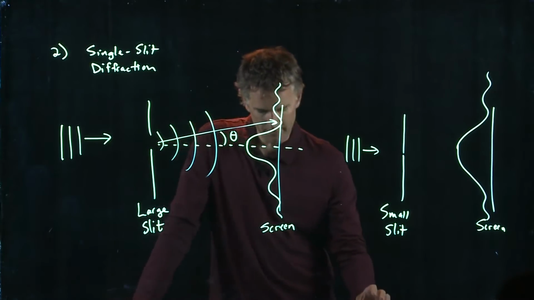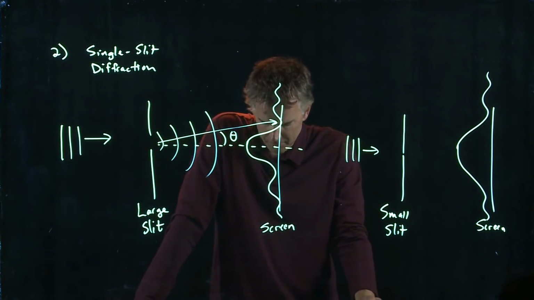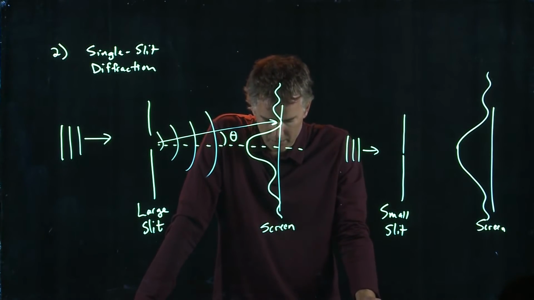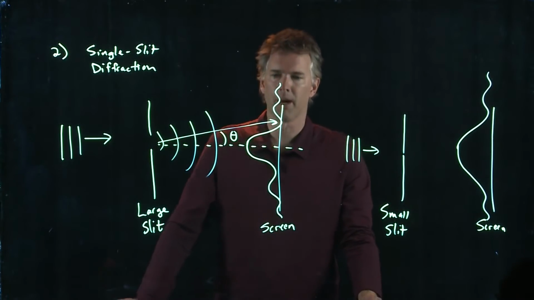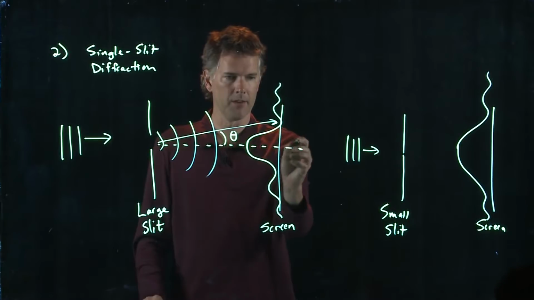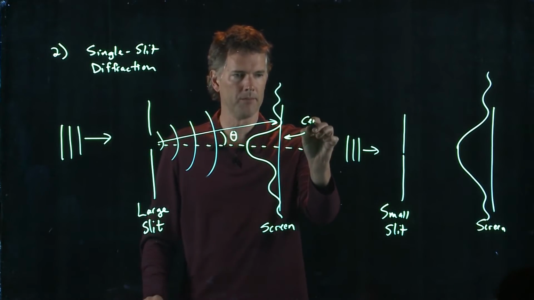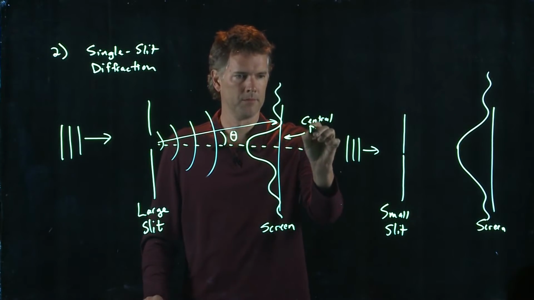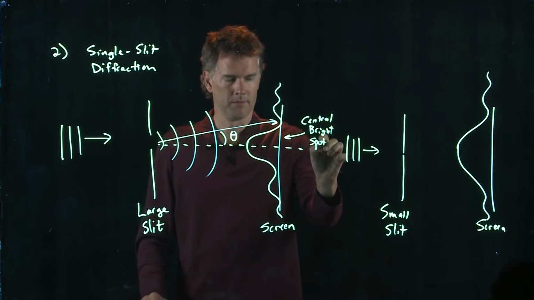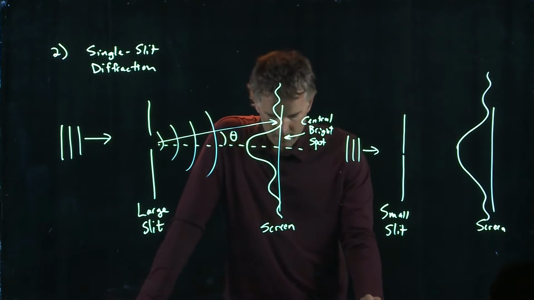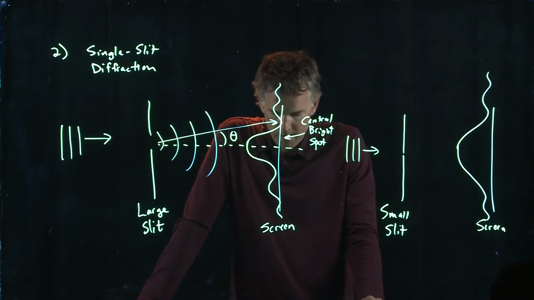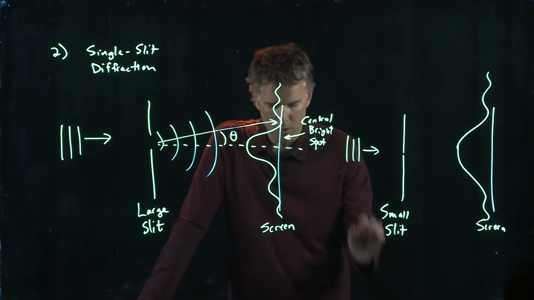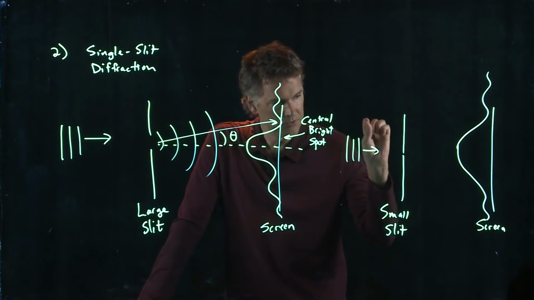All right, so with that information, let's see if we can make some sense of the answers. It wants to know what factor will the width of the central bright spot. That's this thing right here. This is the central bright spot. Okay. And it says what factor will that change if the hole in the screen is doubled.